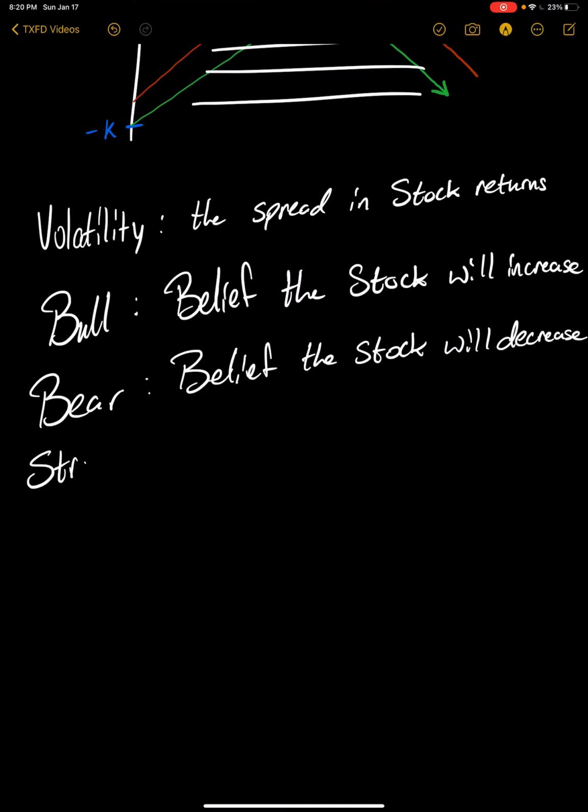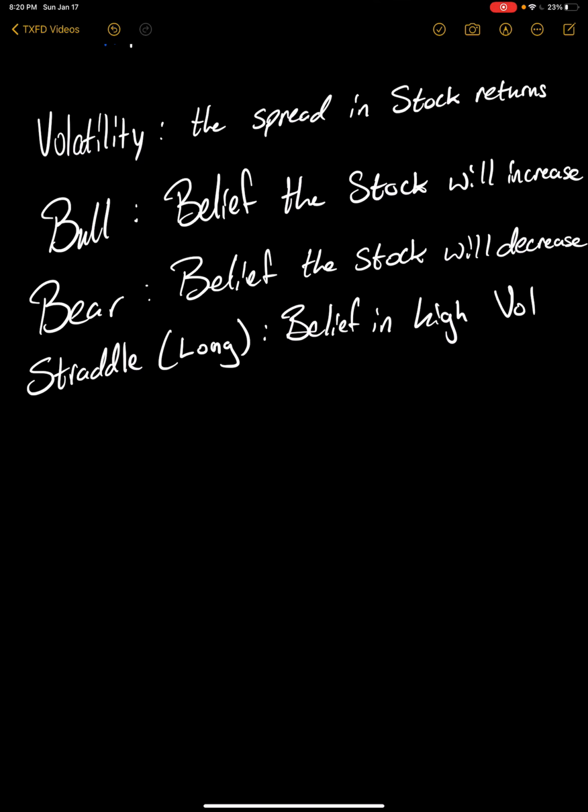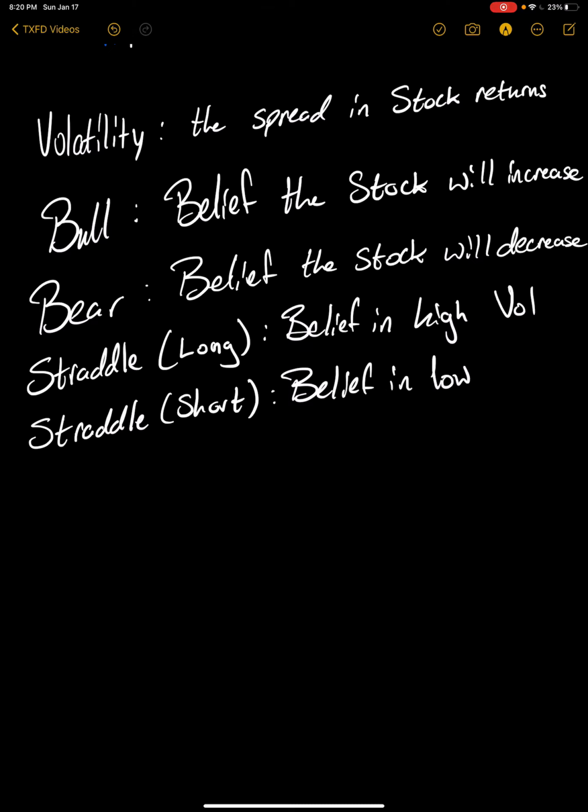Now then, the straddle, and this is the long straddle. So the long straddle is belief in high volatility. And we're just going to call it vol. High vol, or high volatility. And then the straddle in the short case, when you have a short position in a straddle, you have a belief in low volatility.